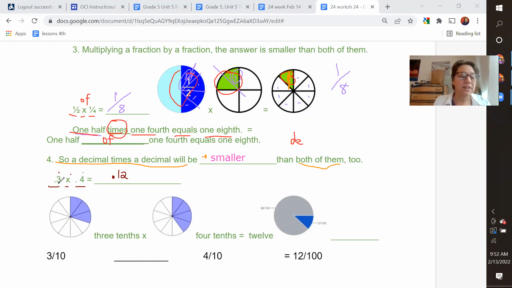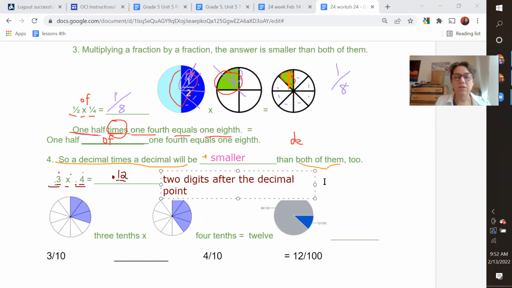So what we see is we have 1 digit next to the decimal point, and next to the decimal point is another 1. So there are 2 digits after the decimal point. So in my answer, I have to have 2 digits after the decimal point. Okay, so you can write that: 2 digits after the decimal point.